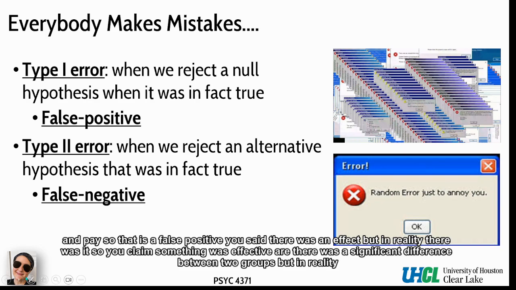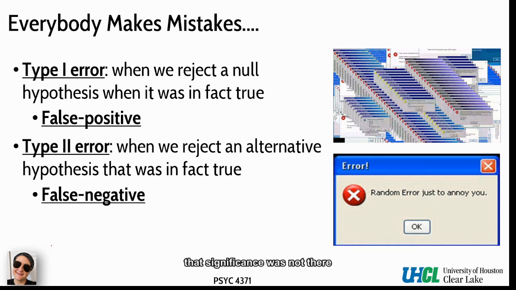So that is a false positive. You said there was an effect, but in reality there wasn't. So you claimed something was effective or there was a significant difference between two groups, but in reality that significance was not there. And the contrary of that is type 2 error, and that's when we reject the alternative hypothesis when it was actually in fact true. So you had a false negative.